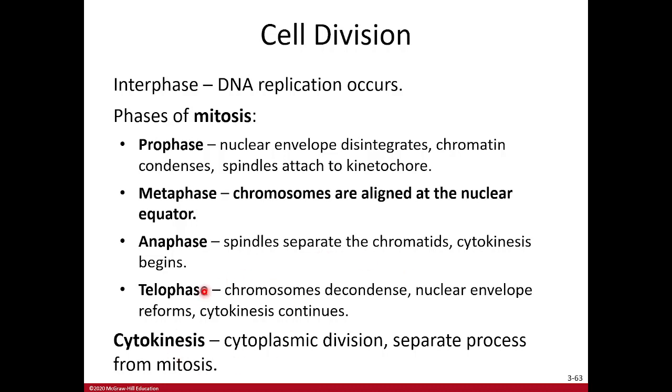That happens in telophase. And in telophase, at the end, your chromosomes will decondense, and then you can form again your nuclear membrane that is going to protect the newly formed chromosomes. And then you have cytokinesis, in which you divide the cytoplasm.